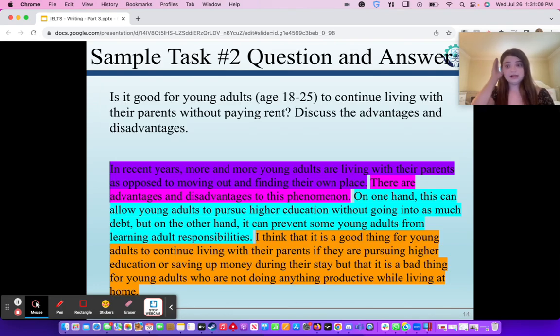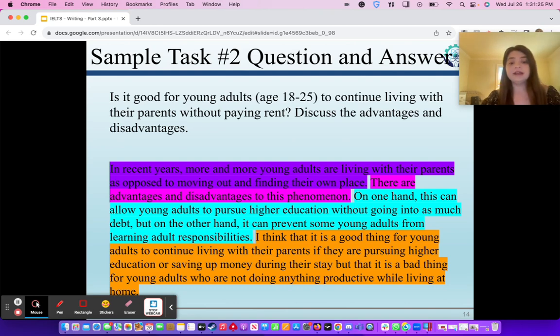Now, in general, sometimes when we're writing an essay, we can just take one side. And in general, that is what we tend to do. However, because this one is an advantage disadvantage one, it's important to, even if you feel very strongly that young adults should stay with their parents and that there's a lot more advantages than not, or the opposite, that there's a lot more disadvantages than not, even if you feel that way, do put in at least one advantage, at least one disadvantage for this type of essay.